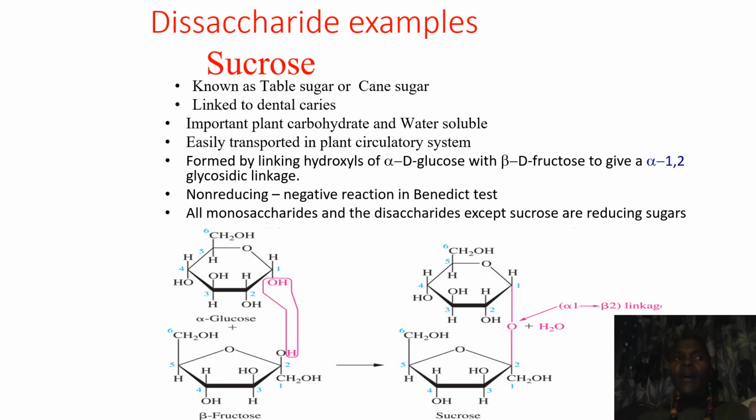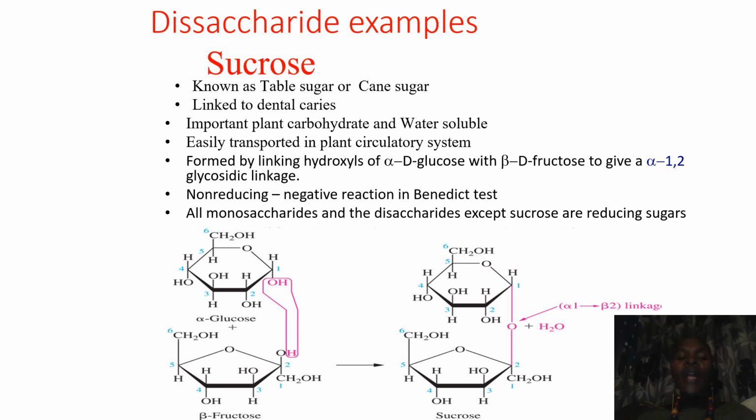The alpha represents the position of the OH at carbon atom number 1 of alpha-D-glucose. Then we have the OH above at carbon atom number 1 for the beta-D-fructose. So it will easily be extended downwards because the OH at carbon atom number 1 is below the ring. We are going to form an alpha 1,2.